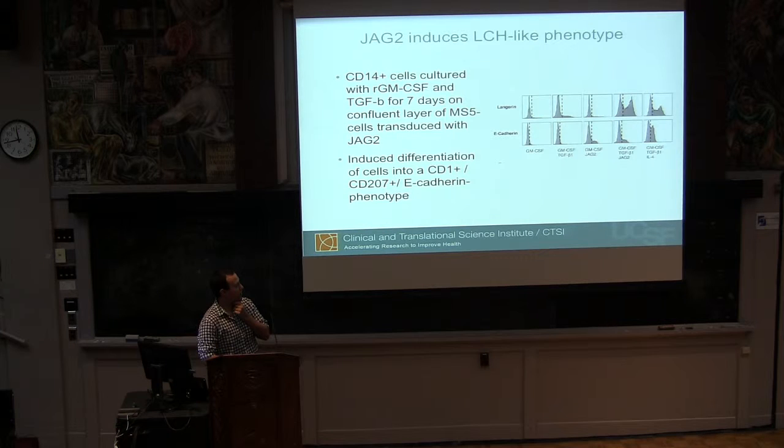If you look at where they use IL-4, which is an interleukin, you have Langerhans positive, E-cadherin positive, and you say, well, that looks more like a mature dendritic cell. Versus when they do this Jagged or Notch signaling pathway, you see a big spike in Langerhans, but the cells still remain negative for E-cadherin. So they say, well, this at least gives you a phenotype that looks like an LCH cell. Whether or not this is a good model, who knows?